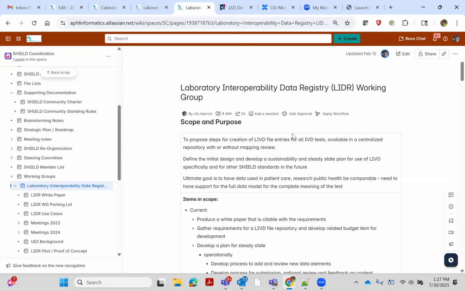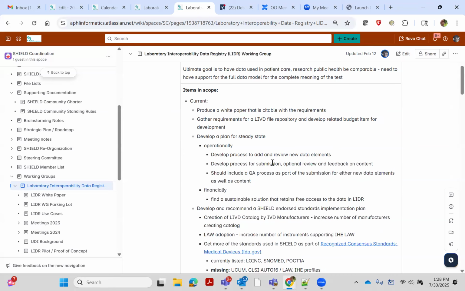So all of those kinds of things that might be important to understand the test, its efficacy and its use should be in LIDR, we think. So that's kind of where we are right now.